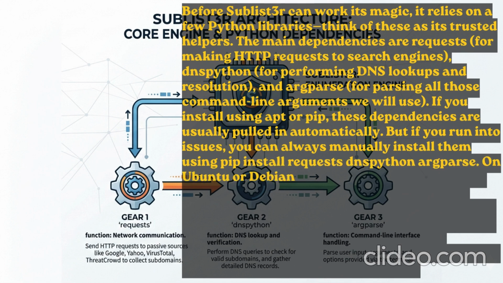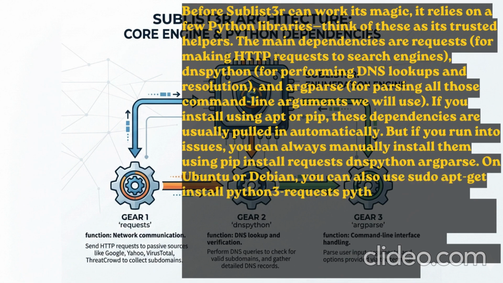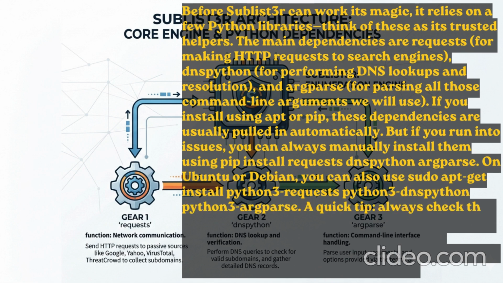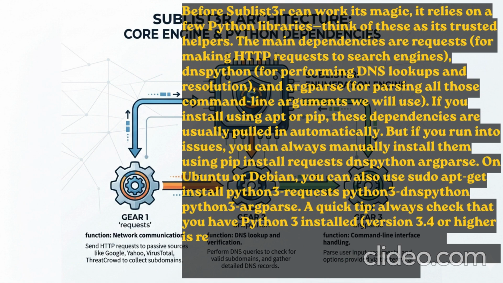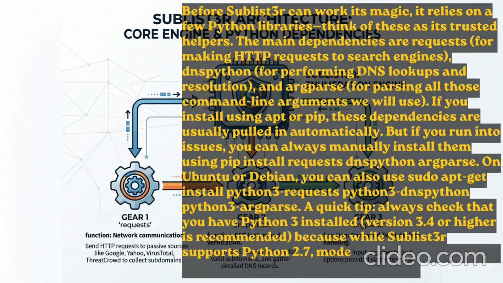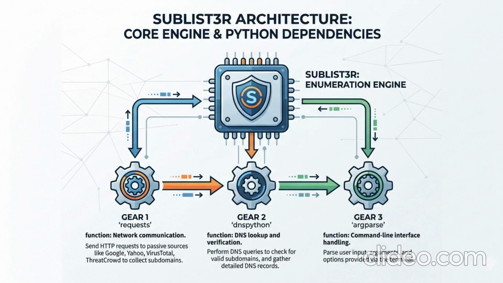On Ubuntu or Debian, you can also use sudo apt-get install python3-requests python3-dnspython python3-argparse. A quick tip: always check that you have Python 3 installed. Version 3.4 or higher is recommended because Sublist3r supports Python 2.7, but modern systems have moved on, and we must move with the times.